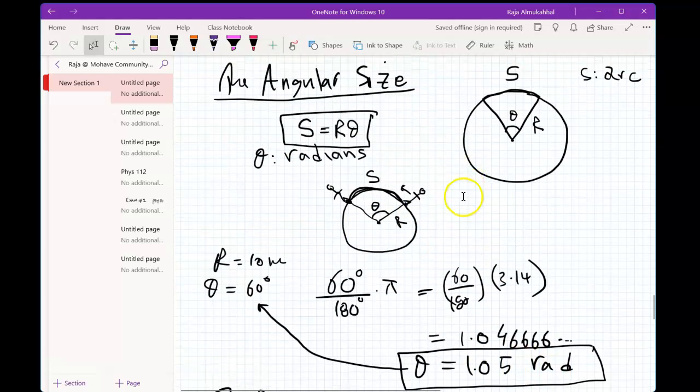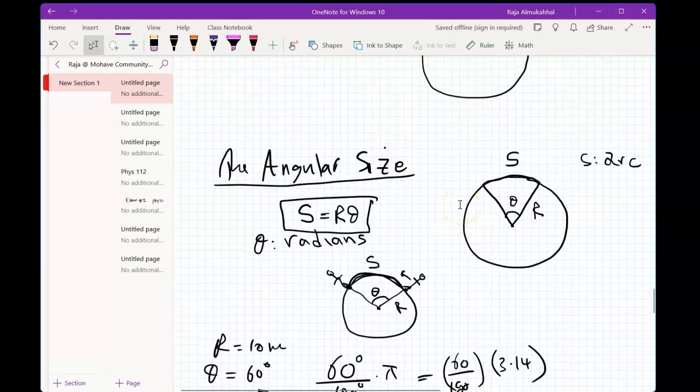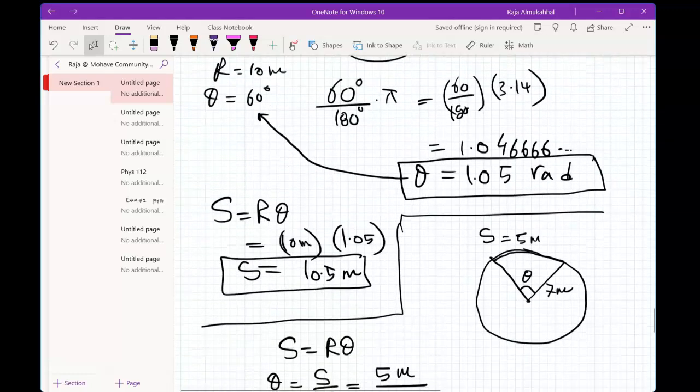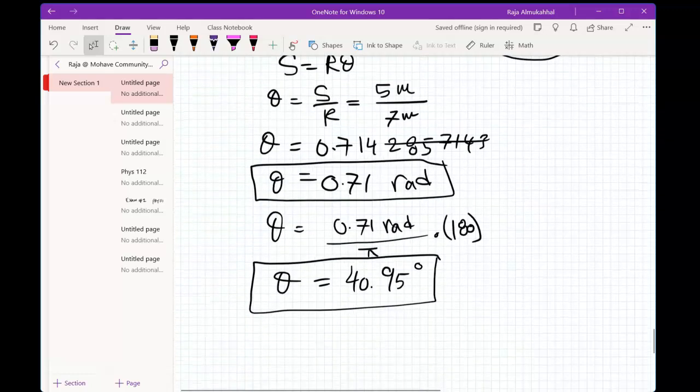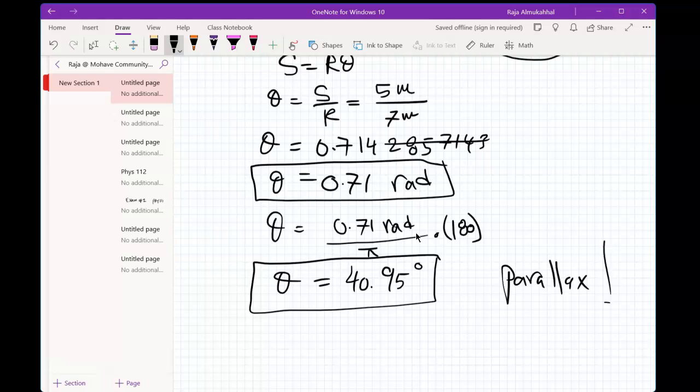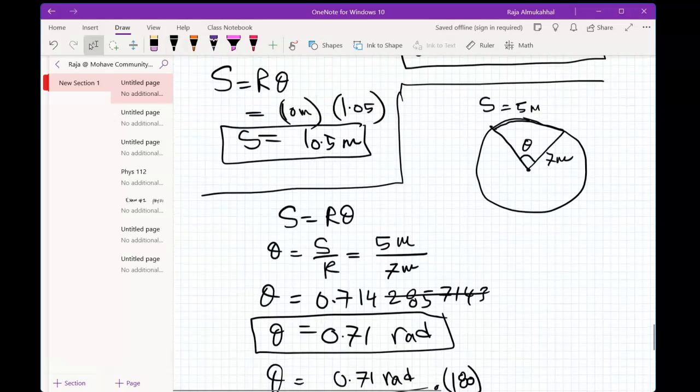Okay, this will become important when we start measuring distances with a concept called parallax. It's a very interesting concept. We're going to study it during the course. And parallax is really based on this basic geometry that you have studied in mathematics.